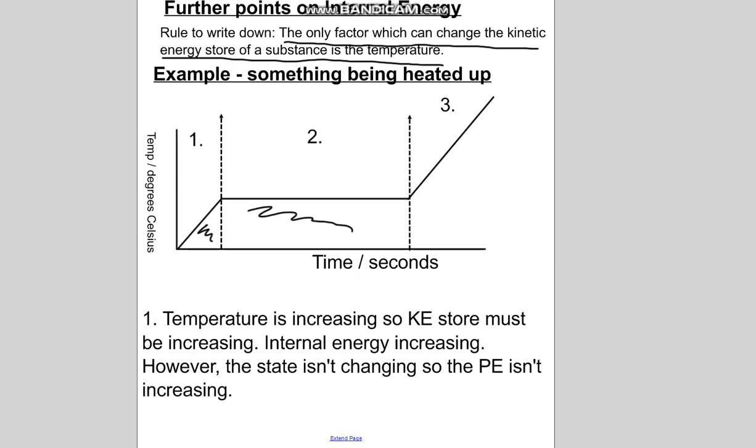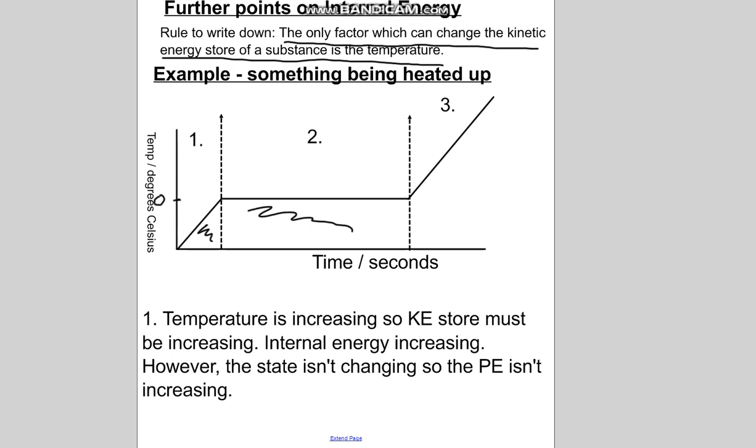So this could be some solid ice being heated up in a Bunsen burner, then reaching 0 degrees here if it was ice, and then you'd see the temperature staying constant for a bit, and then after a while, after the heating's continued, you would see the temperature start to go up again.